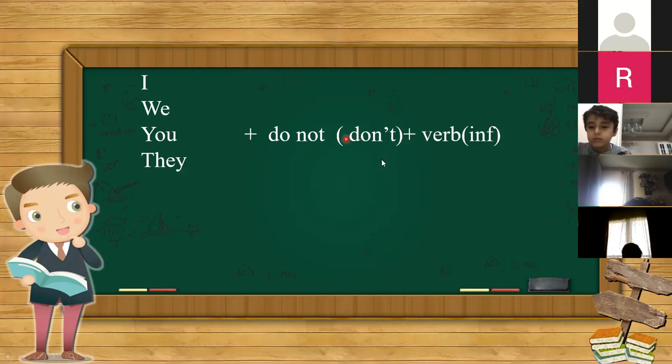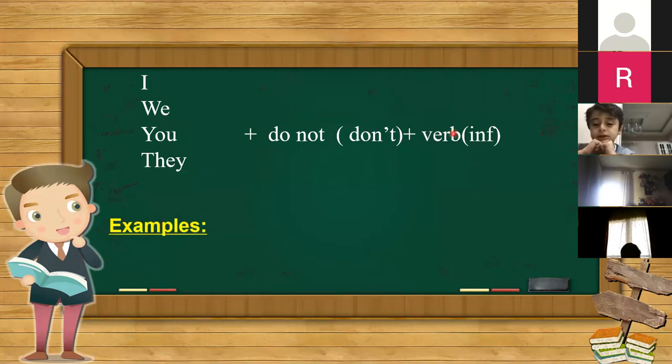Don't here is the negative word that we will use in the present simple. So again, group number 1 takes the negative word don't. After don't comes the verb.